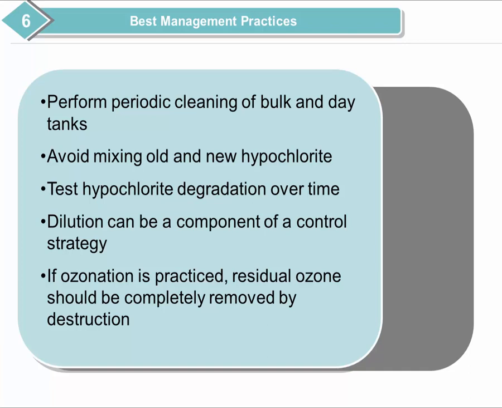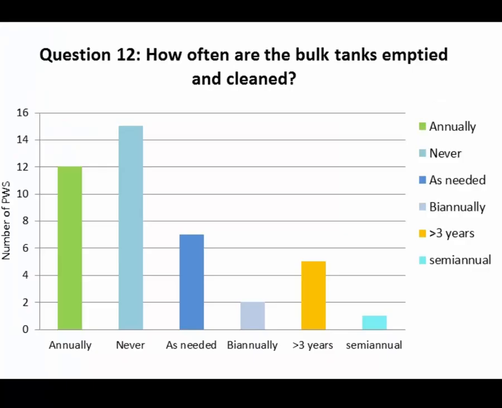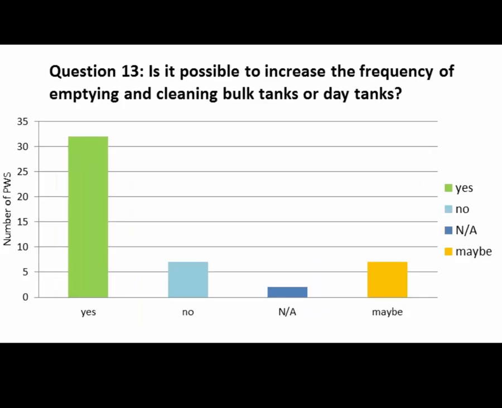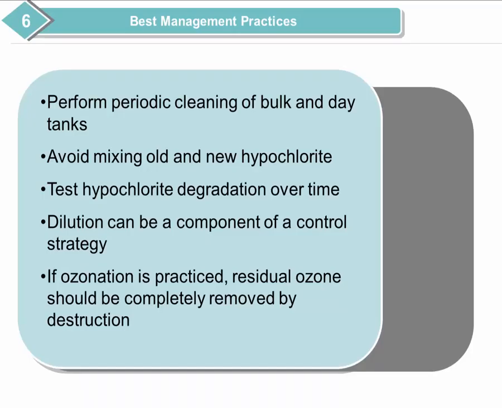The survey's results indicated that the majority of public water suppliers never clean the bulk tanks or that they do it annually. But at the same time, the majority of the public water systems believe it is possible to increase the frequency of emptying and cleaning bulk tanks or day tanks.